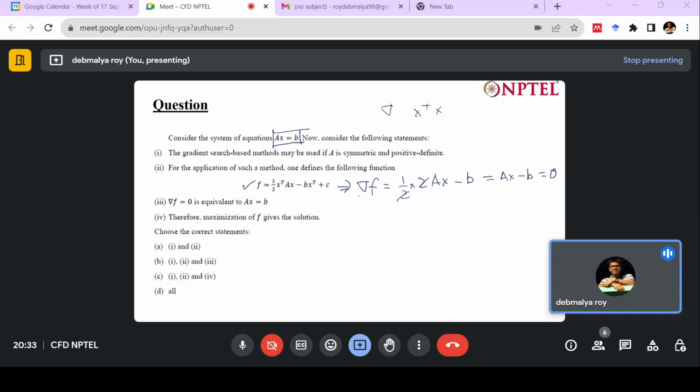So what we have to do is basically find grad f equal to 0. What does grad f equal to 0 mean? It means that it is a minima.